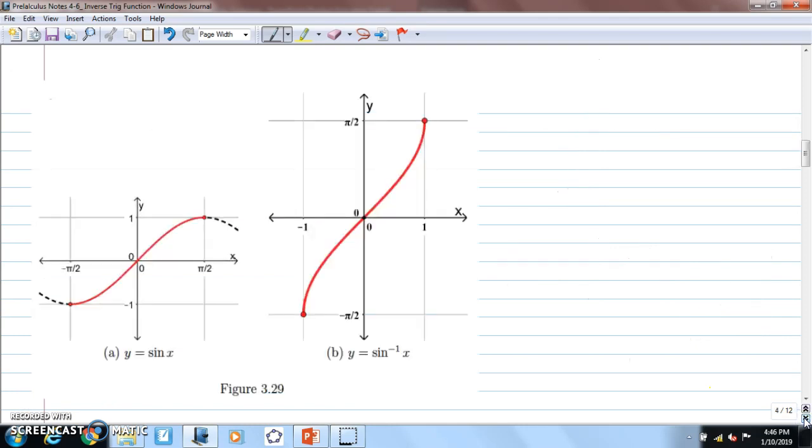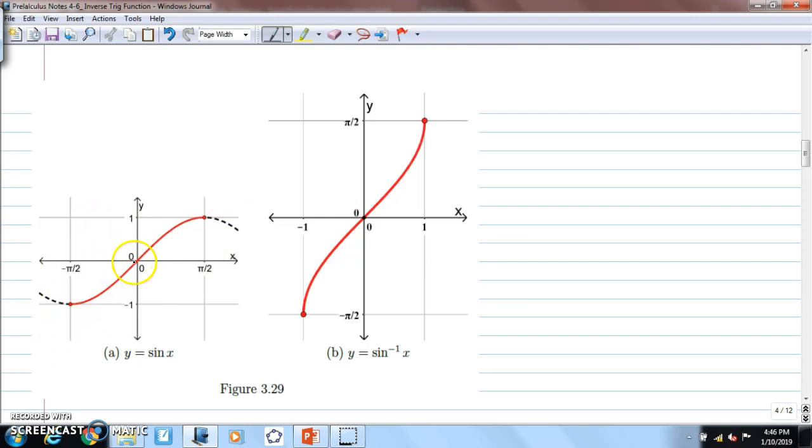Okay, so now looking at the graphs of these. Well, if you remember when we graphed other inverse functions, what really happens is your x and y just switch places. So look at what happens with this. This is what we restricted our inverse sine to, right, between negative pi over 2 and pi over 2.